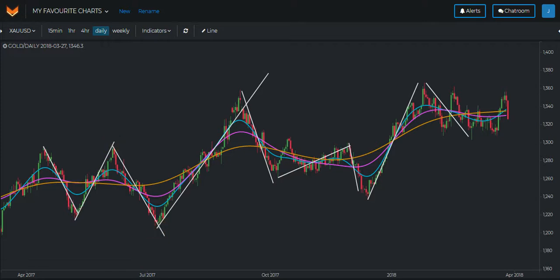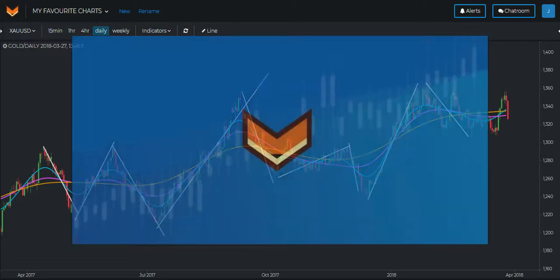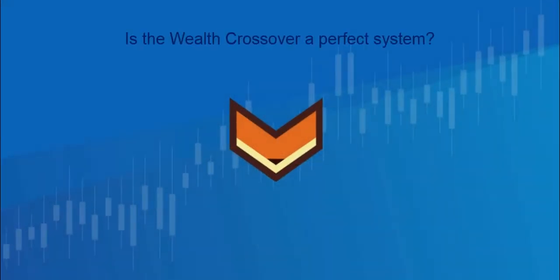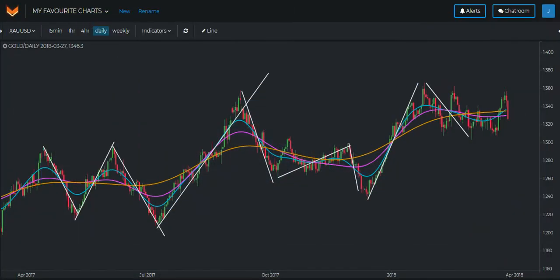At this point, before we go any further, let's take a few seconds here to set the record perfectly straight. Is the wealth crossover a perfect system? The answer to this question is no, it isn't. Anyone who has spent any time trading the financial markets whatsoever will fully understand that consistent perfection simply doesn't exist in trading.